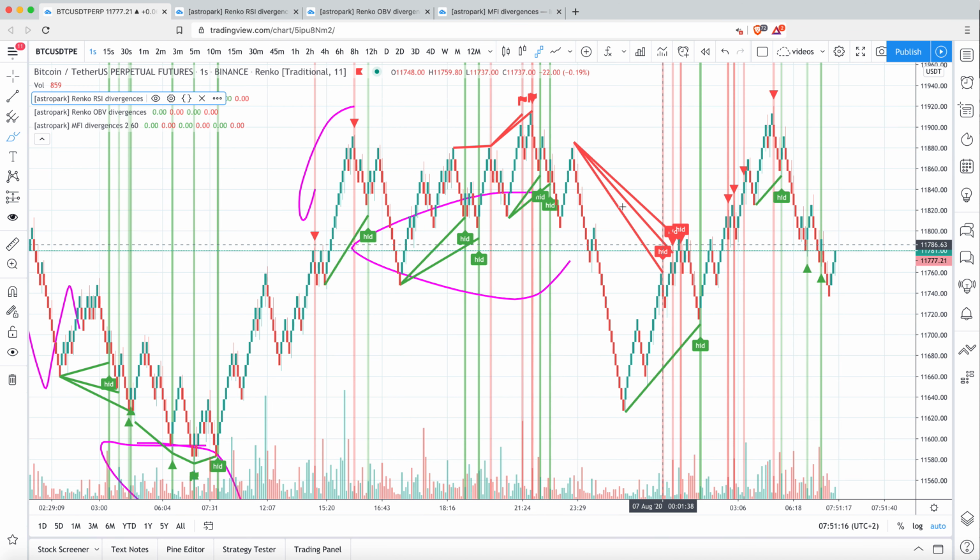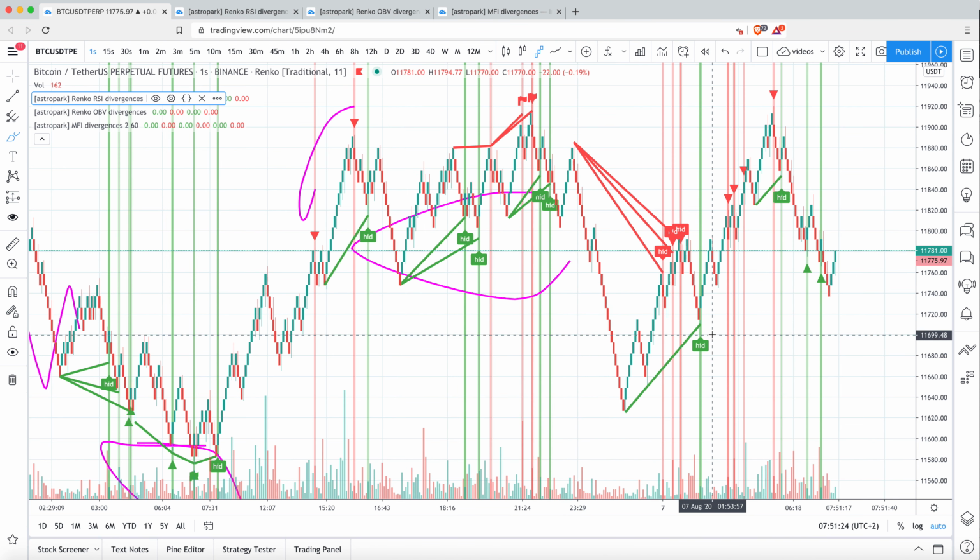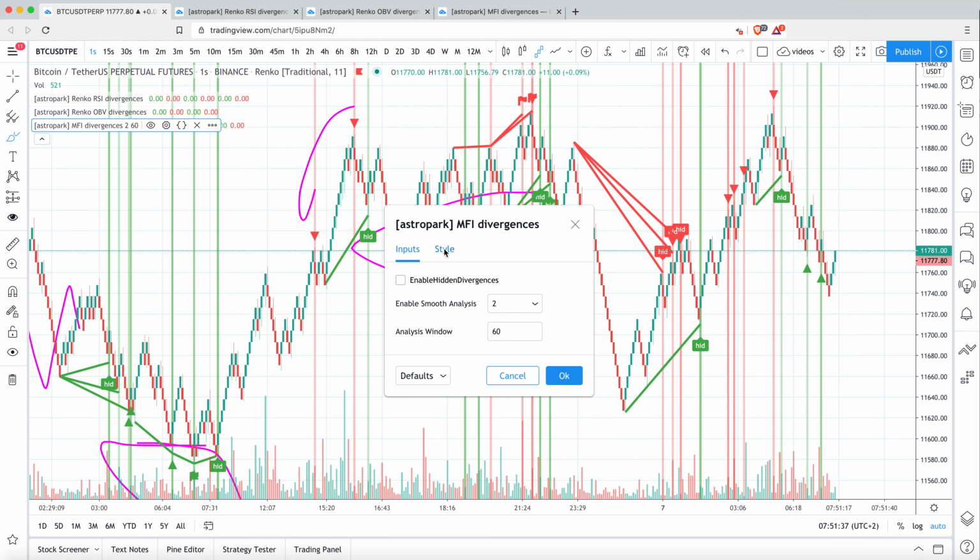Of course, the lines can't be changed, but you see by color who is responsible for printing a signal. For example, this was the RSI, while this was unbalanced volume, money flow index, and Renko. So it is important to understand who printed this signal.